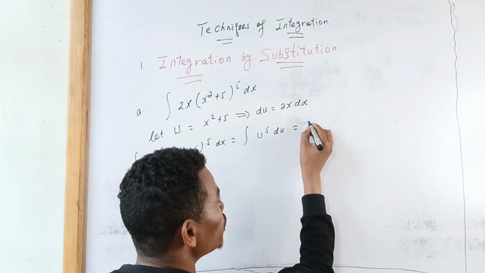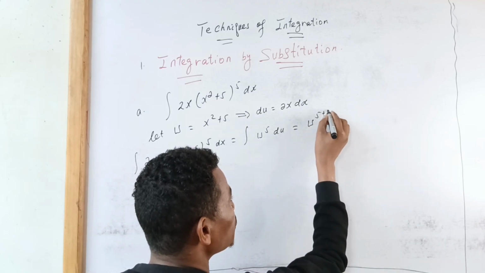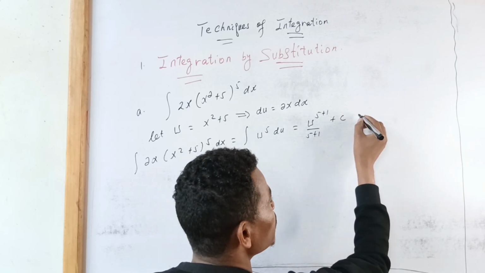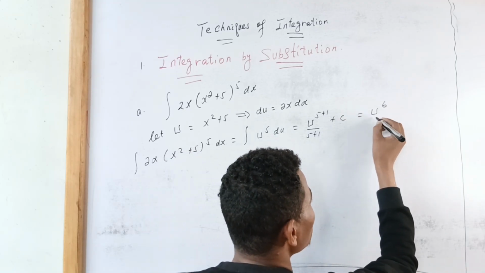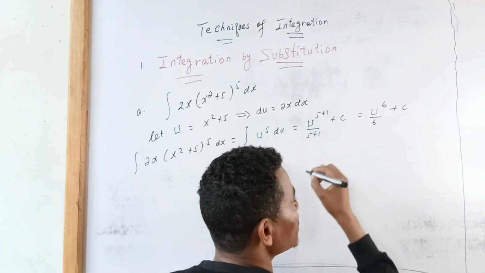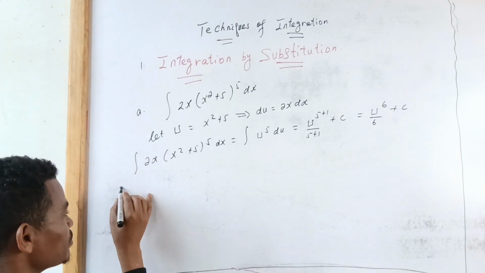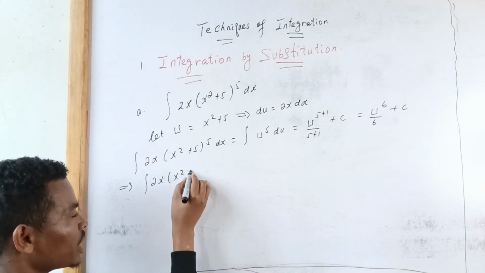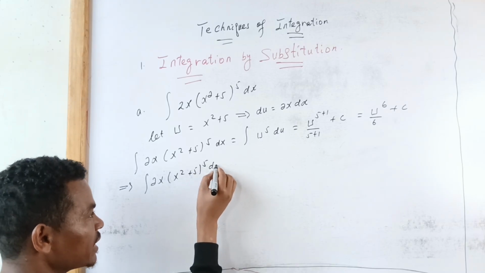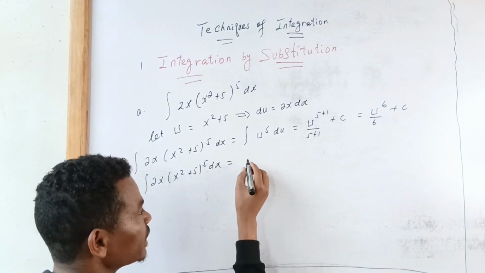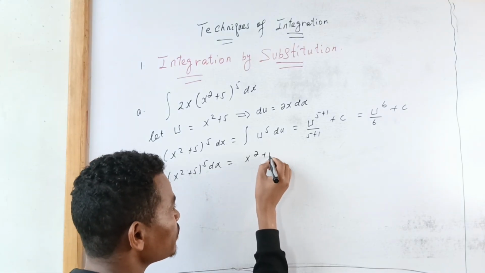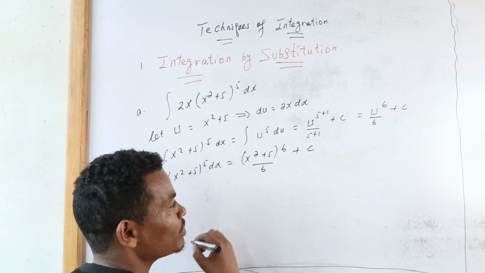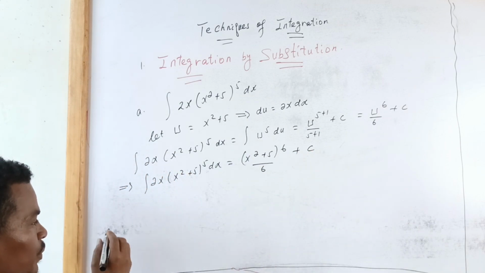This equals u to the power of 5 plus 1 over 5 plus 1, plus c, which equals u to the power of 6 over 6 plus c. This implies the integral equals (x squared plus 5) to the power of 6 over 6 plus the constant number c.